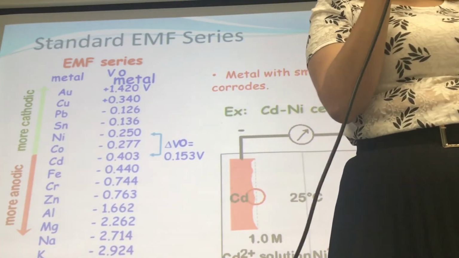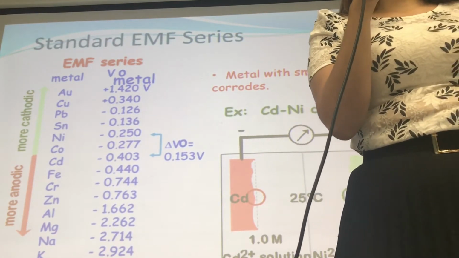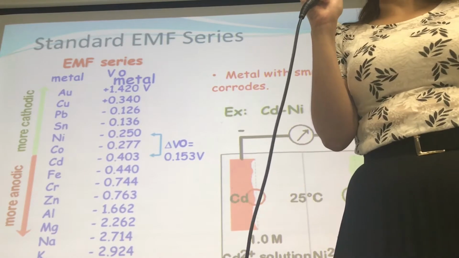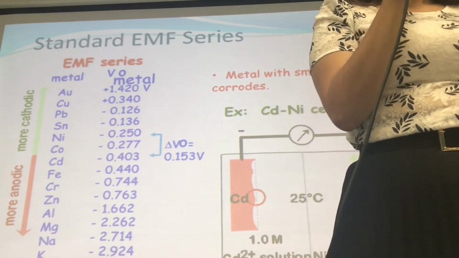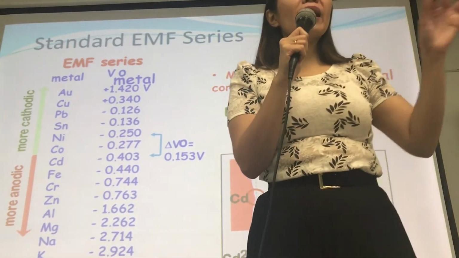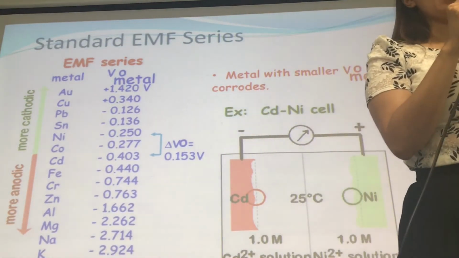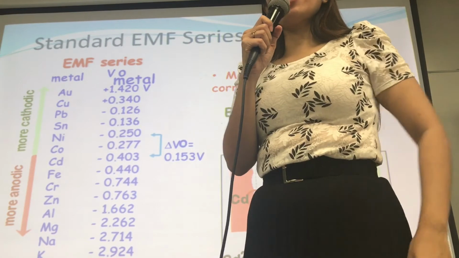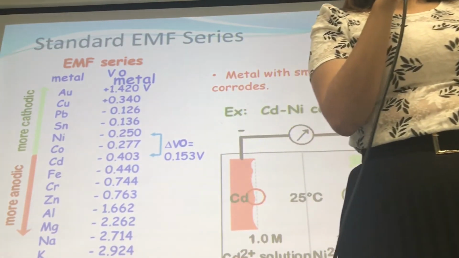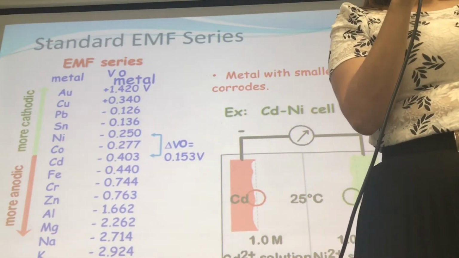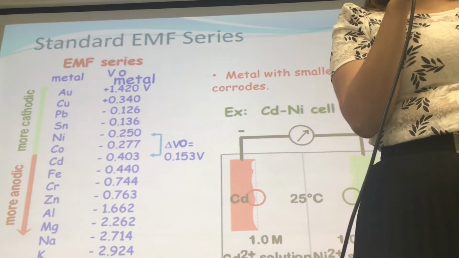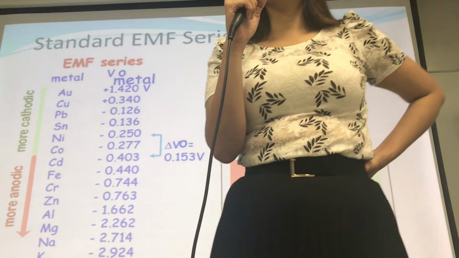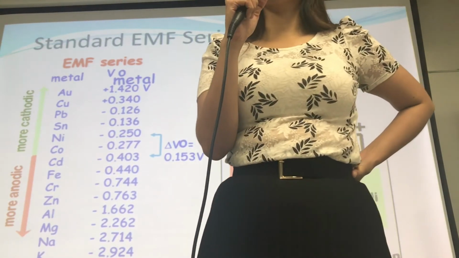Okay, 25 degrees Celsius may be possible, but electrolyte at 1 molar and whatever, it's kind of hard to measure in real life. So people start to think about practical things. Have you heard someone saying that when you are experiencing seawater, your car will get corroded more easily?